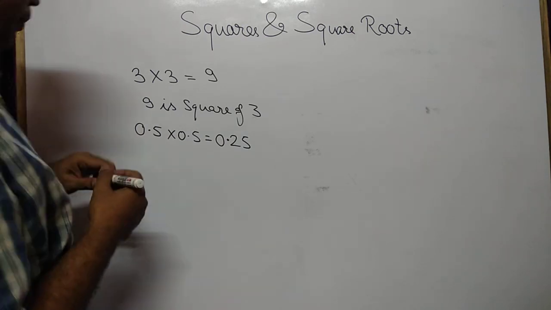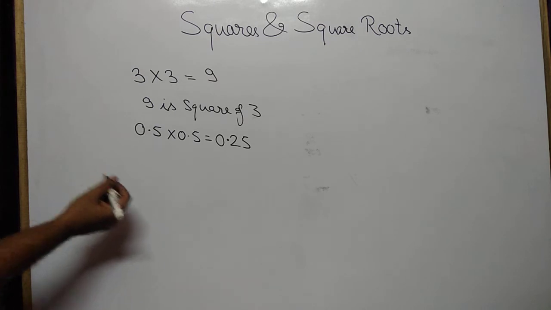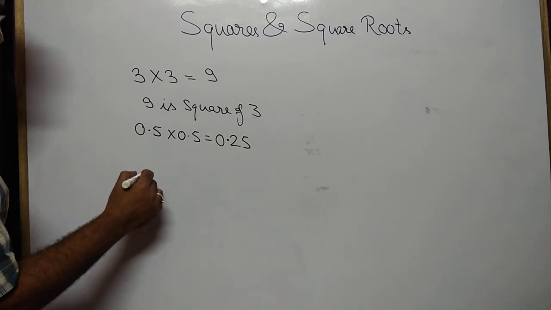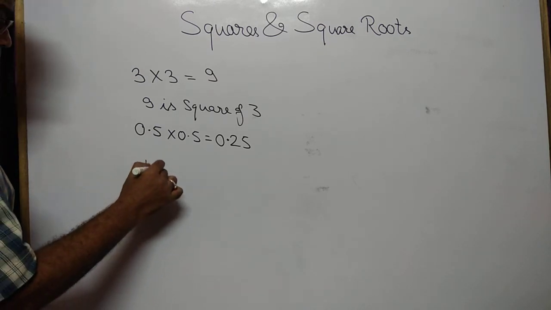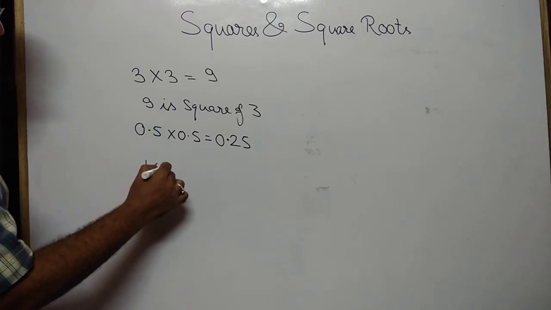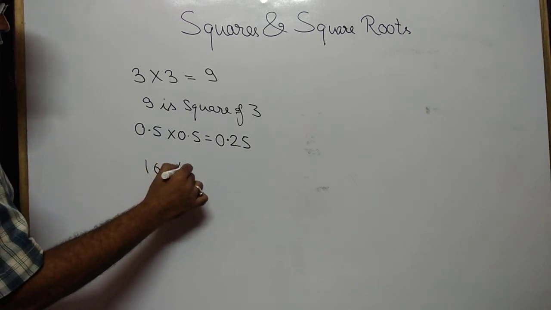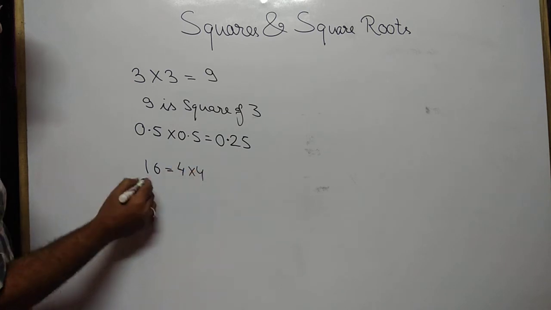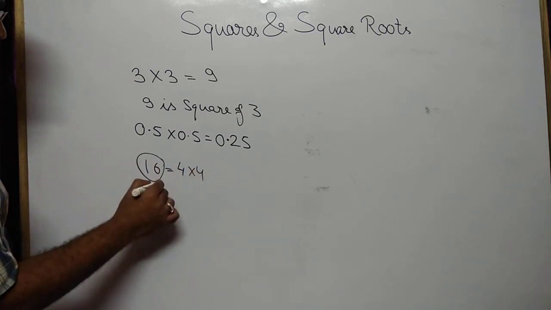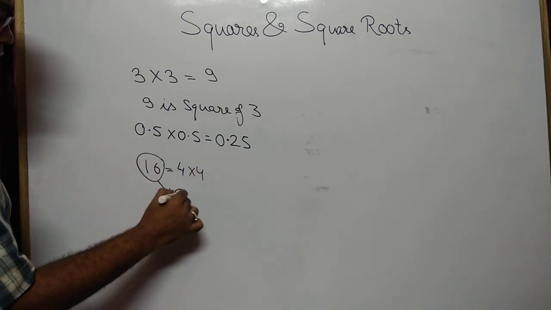Now, if any natural number, for example 16, is the square of any other natural number, then this number is known as a perfect square.